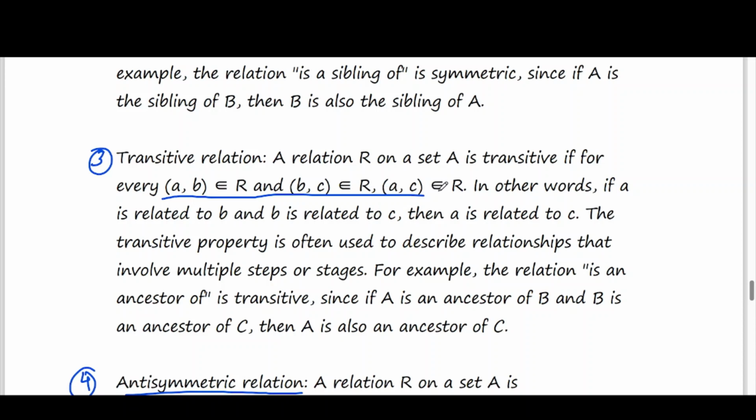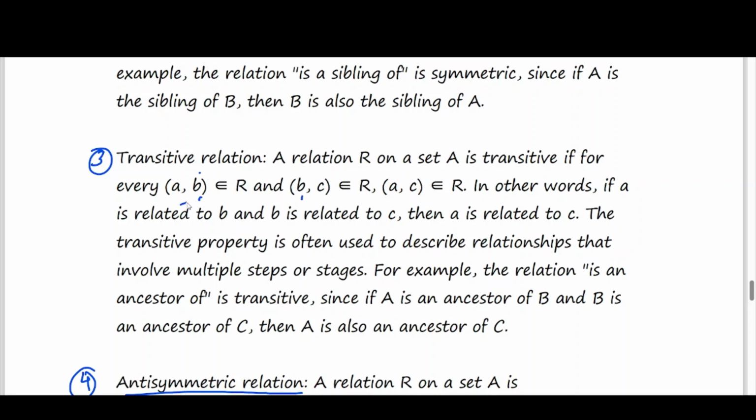What does it mean? See carefully. A, B, and here it is B, C. So B is common in both. The second element of this one is B and the first element of this one is B. You need to take care of that.